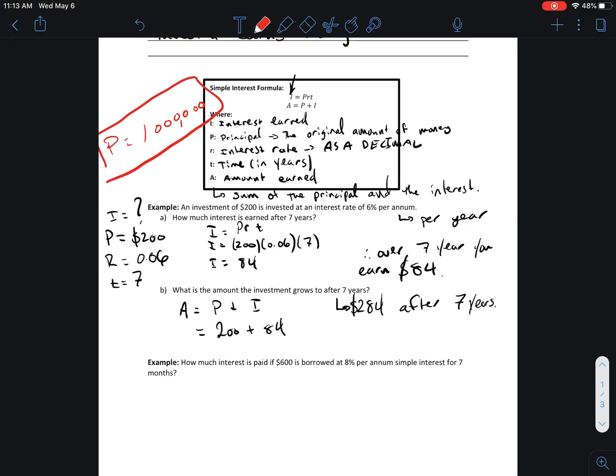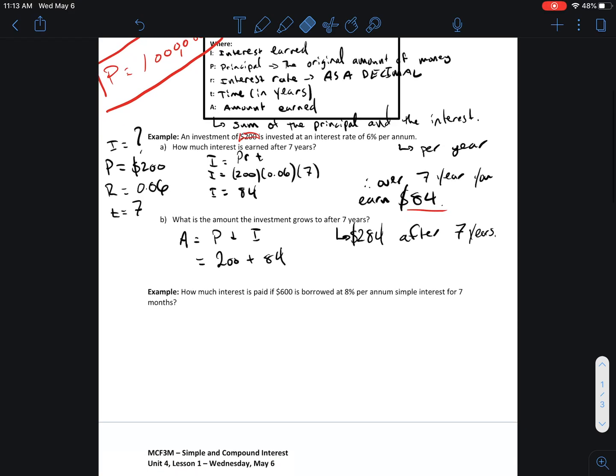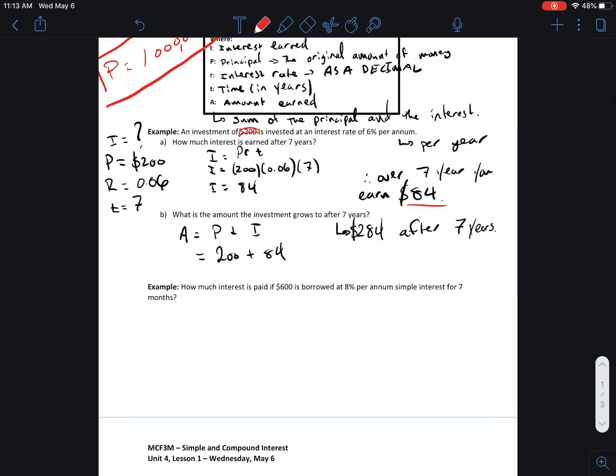So a lot of people, if they win the lottery, the smart thing to do would be to take your $1 million and invest it in an account that earns 6%, and every year you would get $60,000 under these circumstances. So you're always going to have this income. For larger amounts of money, it makes sense. For $200, you really don't get a lot out of it, but with large amounts of money, you would.